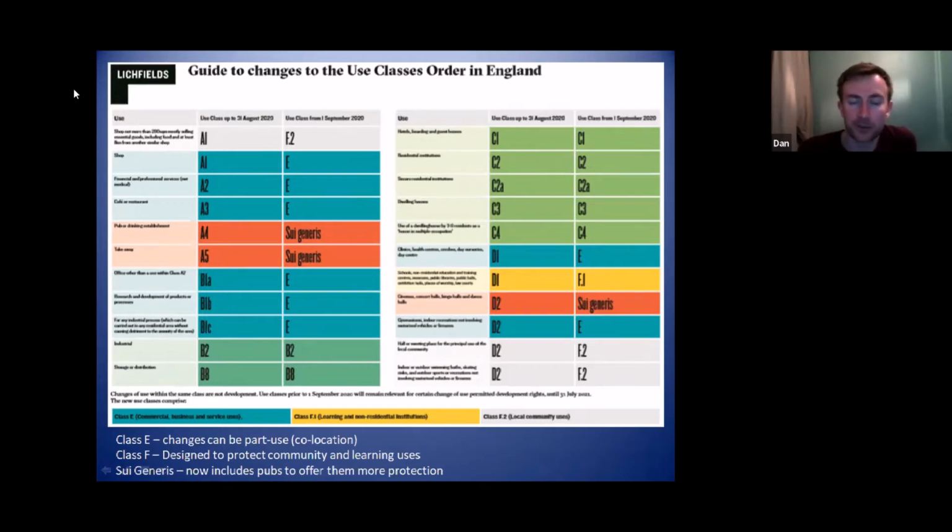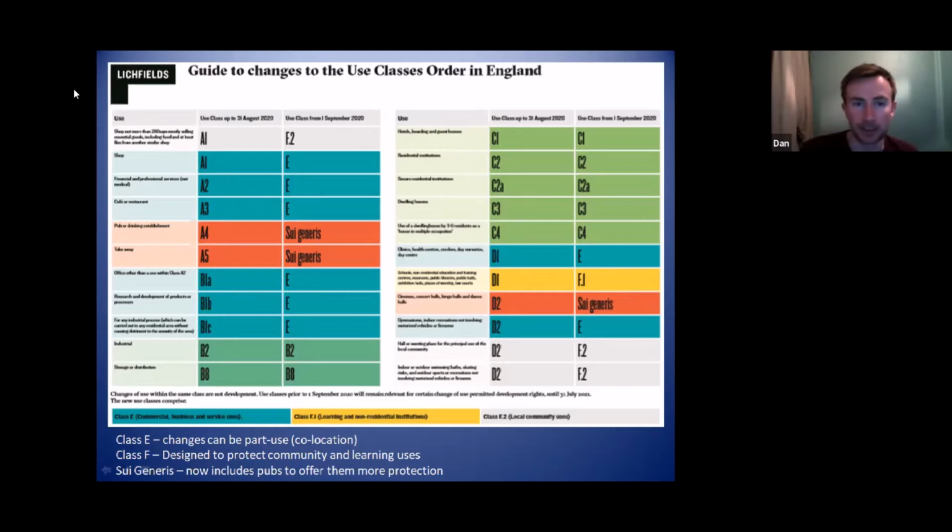Class F is also a use class that's come in, and that takes a lot of your community and educational uses and puts them together. And then your sui generis uses, they're kind of their own use, and changing between any sui generis use always needs planning permission.